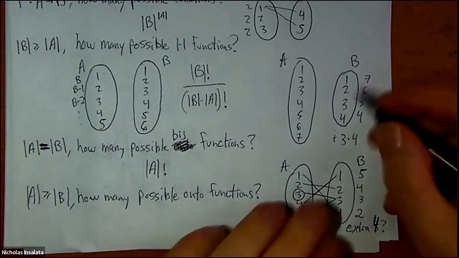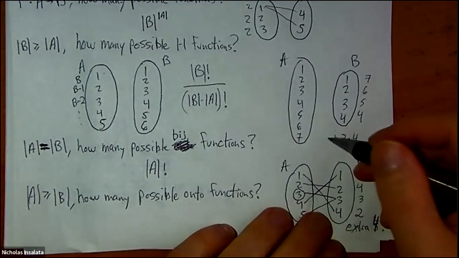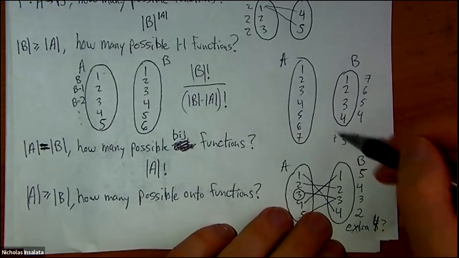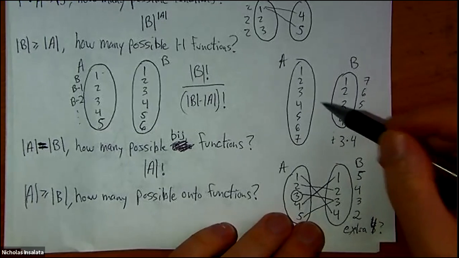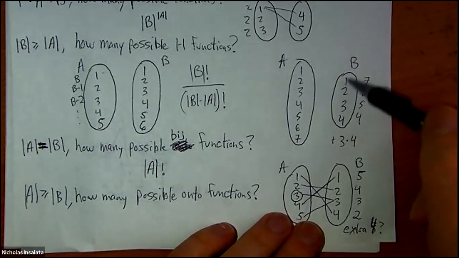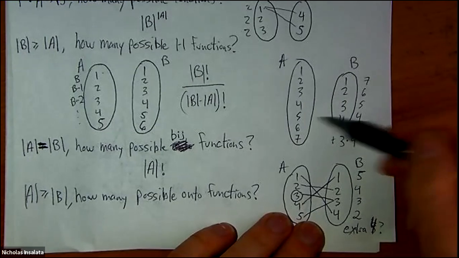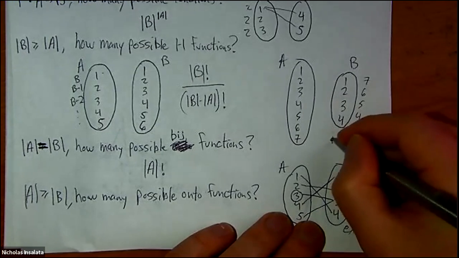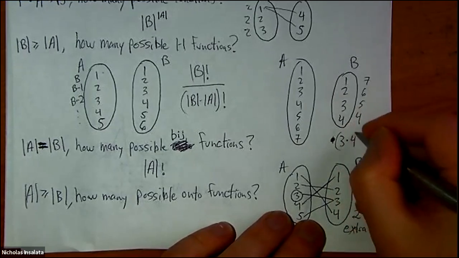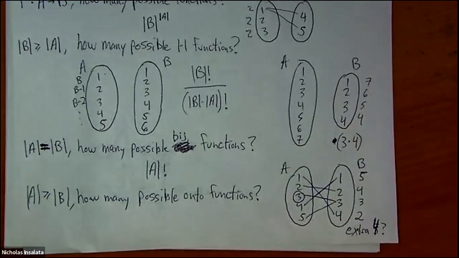And actually, I think we'd be multiplying that rather than adding it, right? Because, you know, that would be multiplying. You're saying, you know, these are what map to B, and this is what the extra elements map to. So I think that this would be times and an additional 3 times 4 at the end, right?